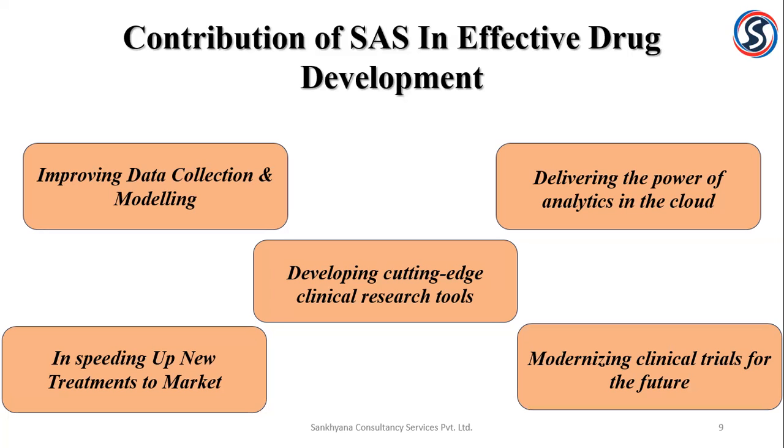The SAS analytics solutions are tightly integrated with the evolution of the drug design and development process, and this process must account for safety. They are now used as predictive analytics to predict the toxicity and side effects of any drug.